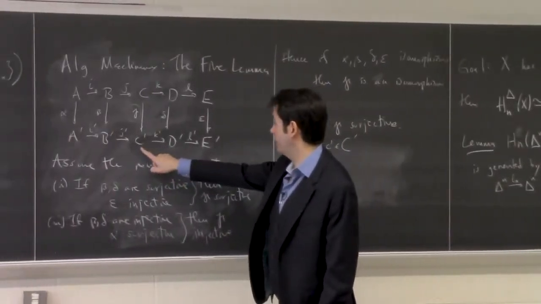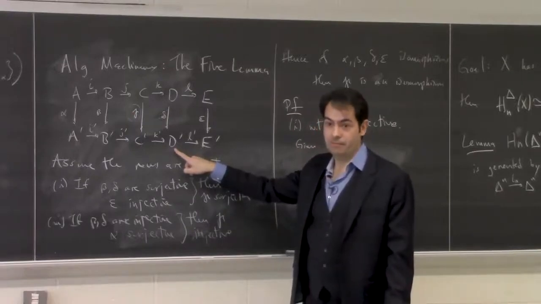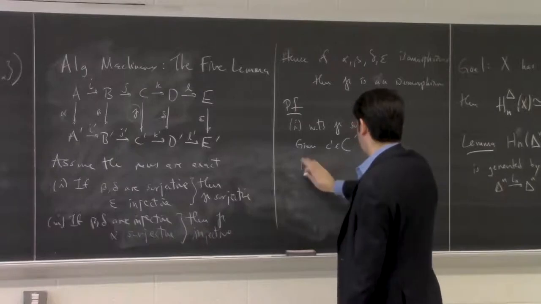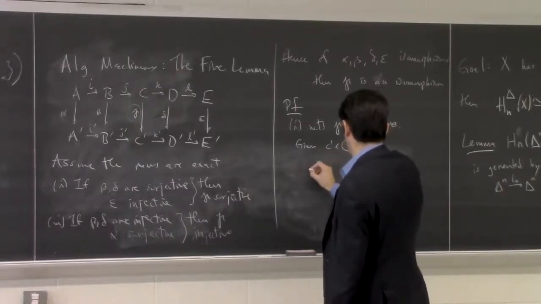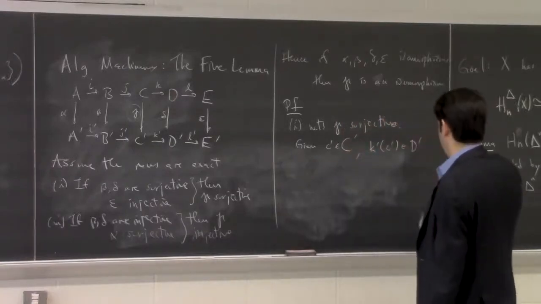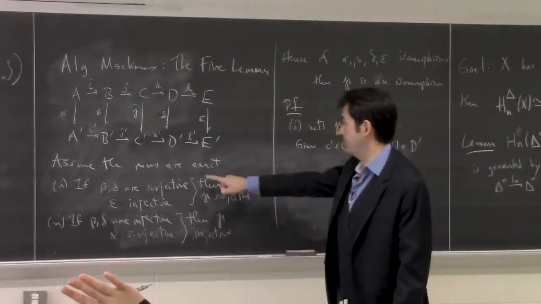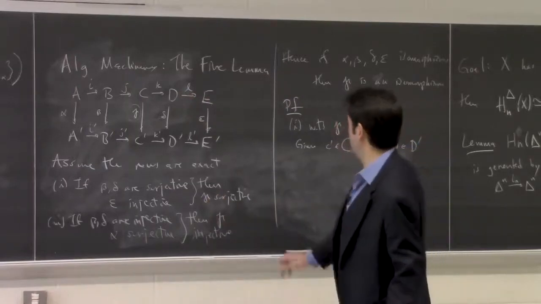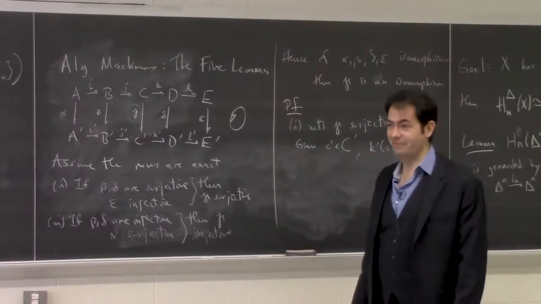Well, if you have somebody here in this diagram, there's nothing you can do except hit it with K prime. Okay, so let C prime be given. We have K prime of C prime gives us an element of D prime. Now we know delta is surjective, so we can lift that guy up. I'm assuming this diagram commutes. Yes, sorry. Otherwise, there's nothing you can do.